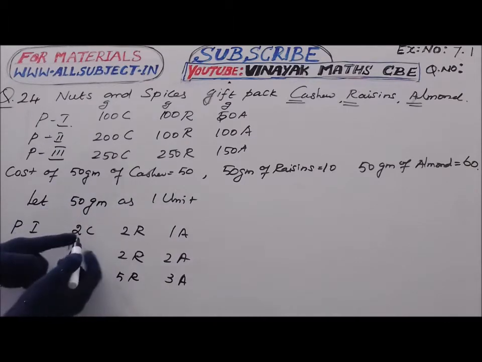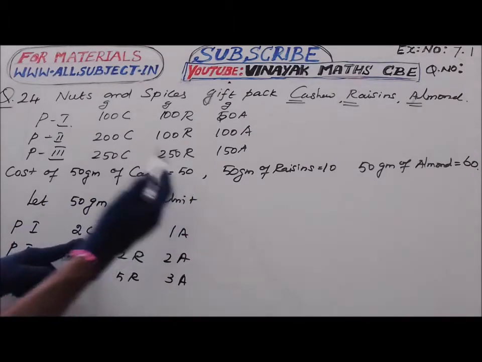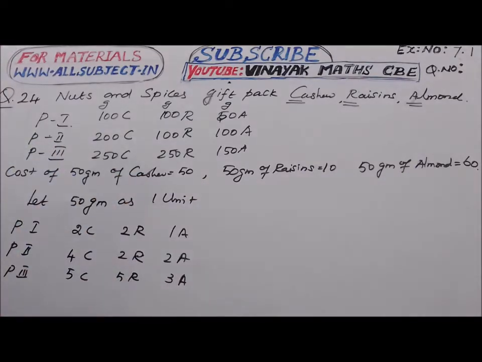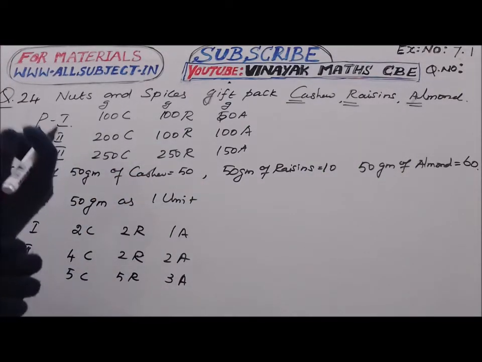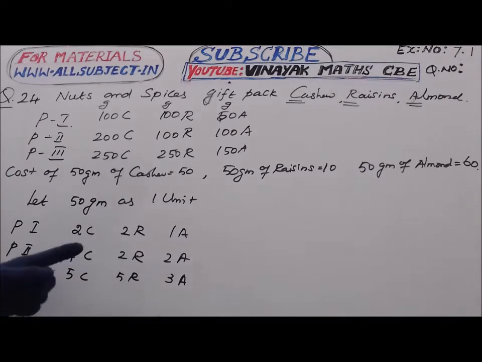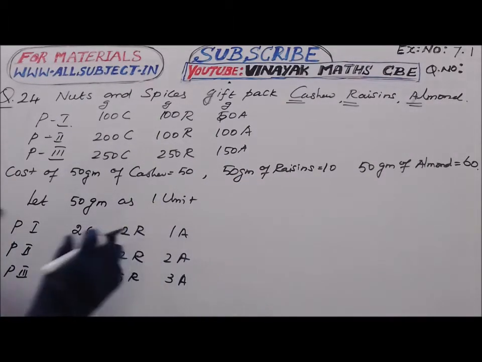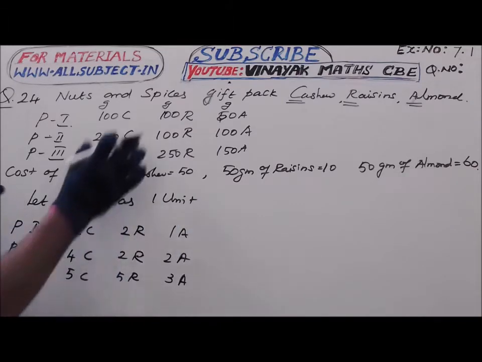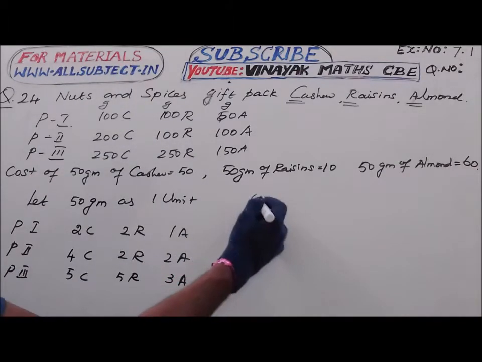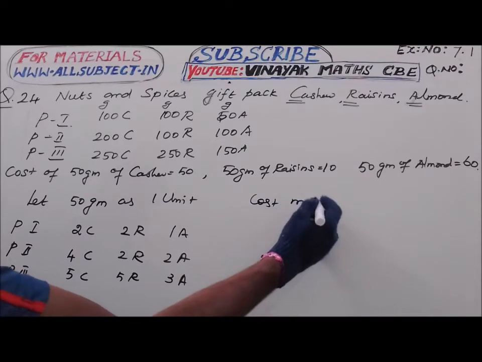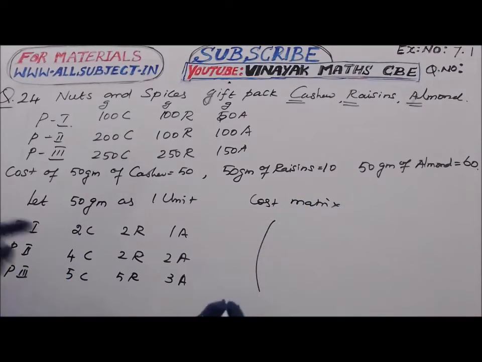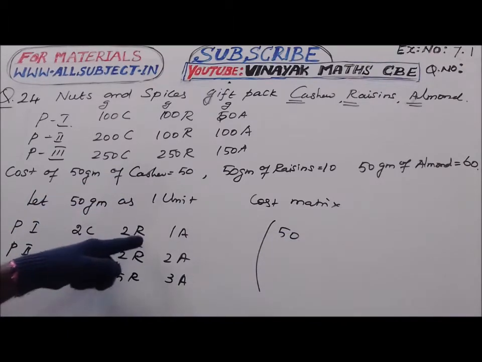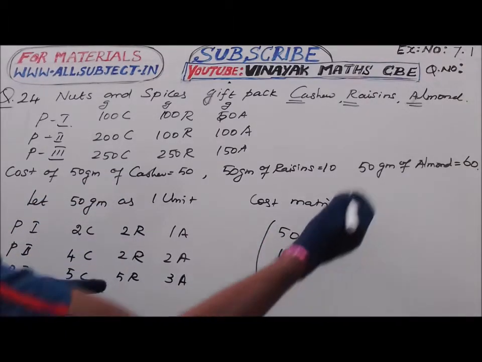For every 50 gram, cashew is rupees 50, raisin is rupees 10, and almond is rupees 60. So by use of it, we can form a matrix. This is the cost matrix, and this is the matrix formed by the grams. The cost matrix is 50 for C, 10 for R, and 60 for almond.